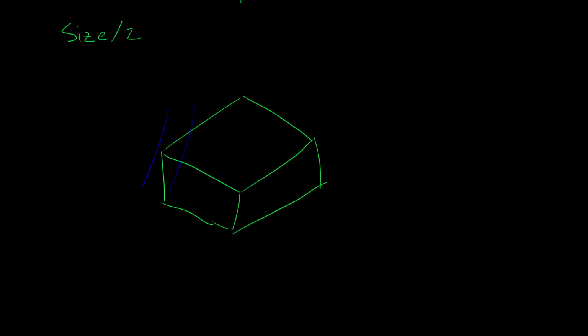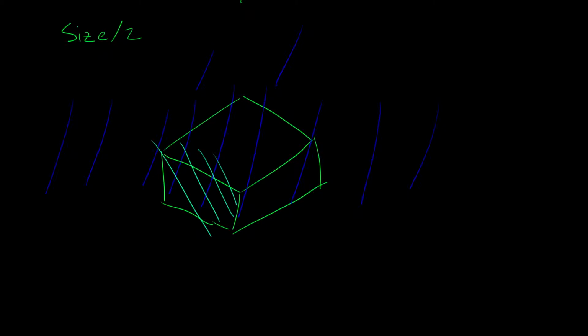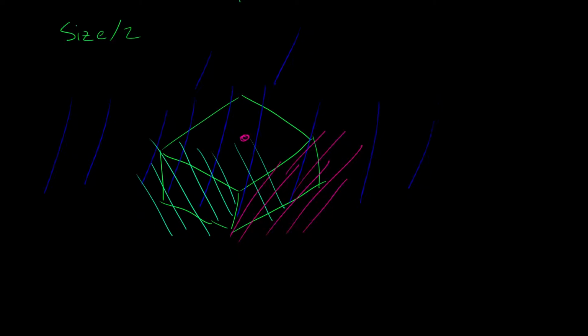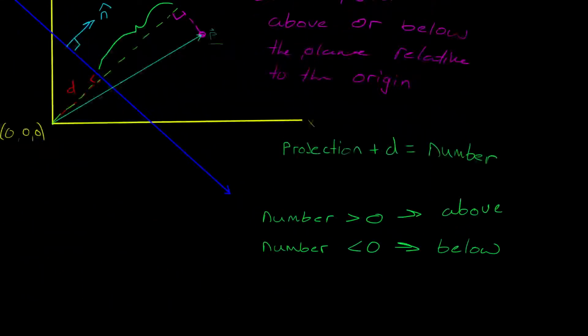So even though, and I'm doing my best to draw this, even though these surfaces, and this is the top of the box, go on forever, as long as I'm checking all 6 of these surfaces, and I'm trying to draw these lines in line with the actual surface that I'm referencing, as long as the point lies inside this box between all these surfaces, it's always going to be below.